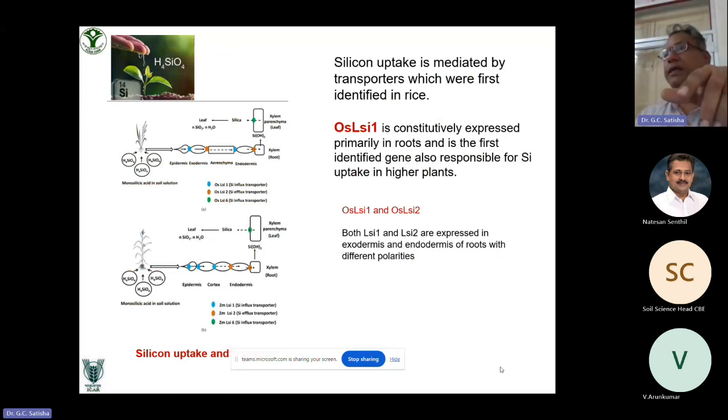So now it is declared that both Lsi1 and Lsi2 are expressed in the exodermis and endodermis at different positions in the plant system. We consider these the transporters responsible for the mobility of silica in the plant system.